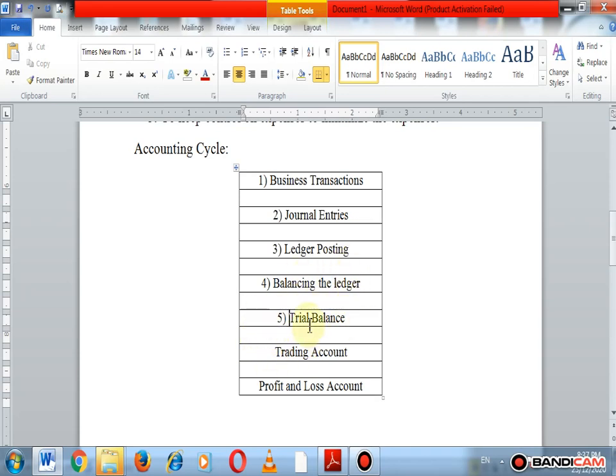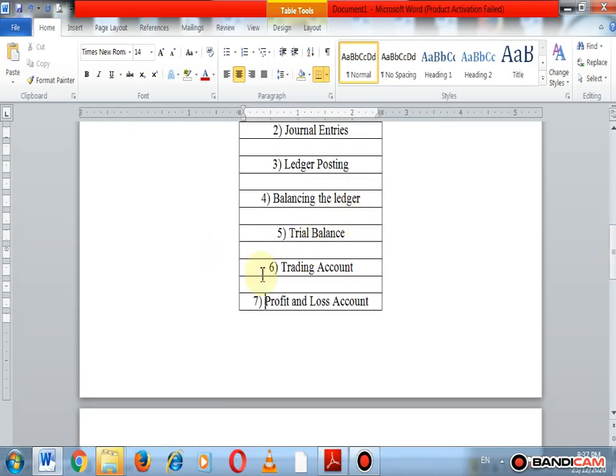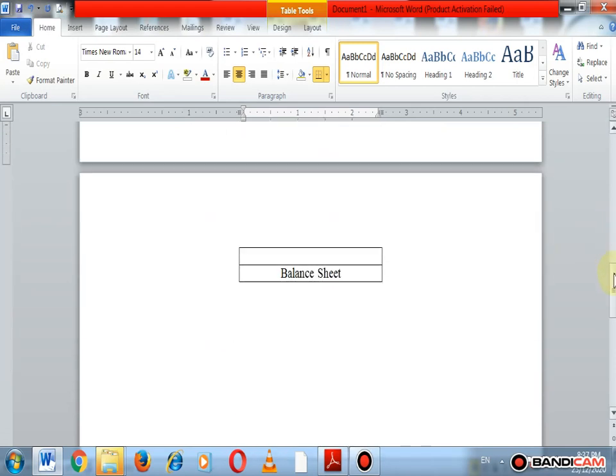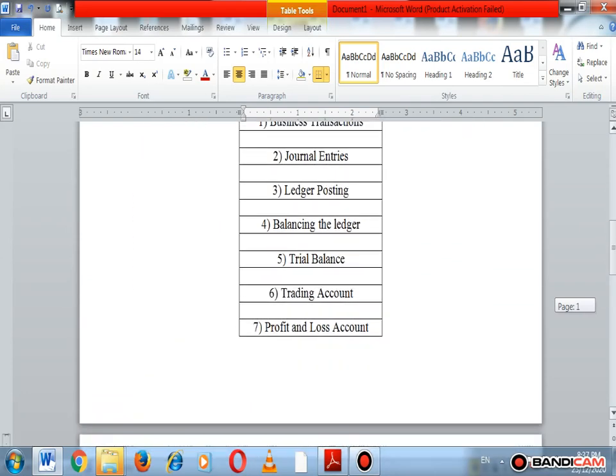When we prepare a trial balance, it helps the business organization to prepare the final accounts: the trading account, then the profit and loss account, and the last one is the balance sheet. So these eight are the accounting cycle of the business organization.